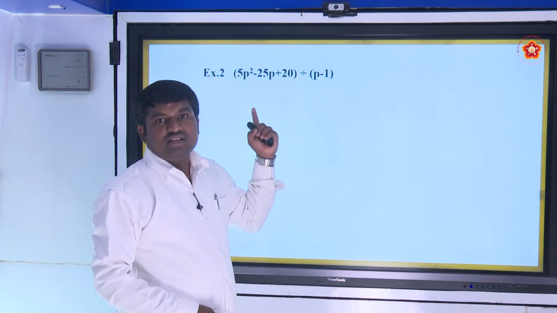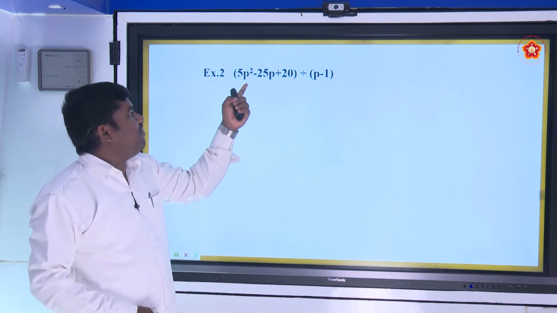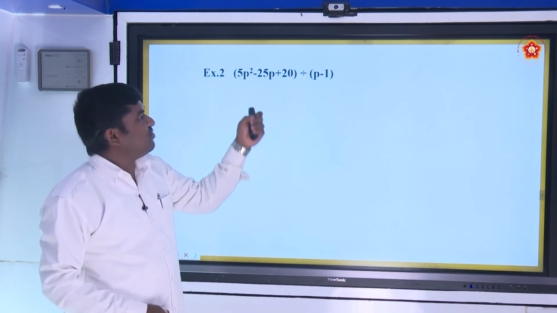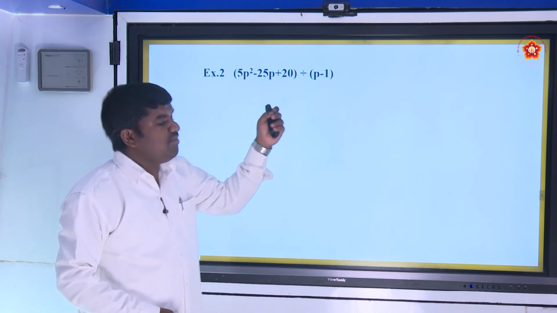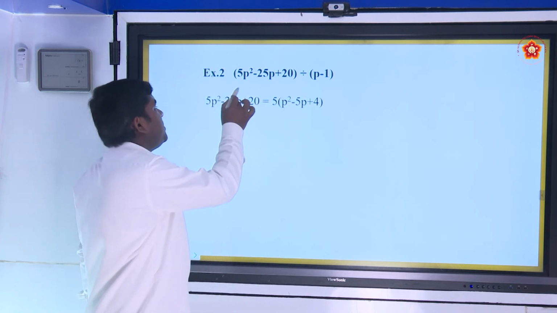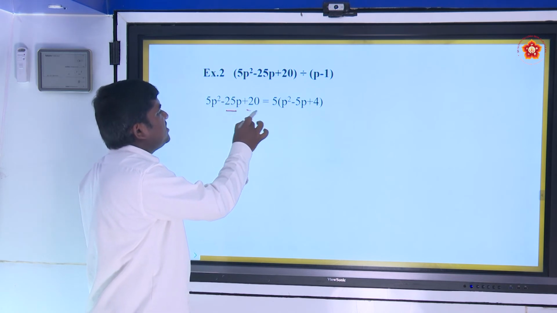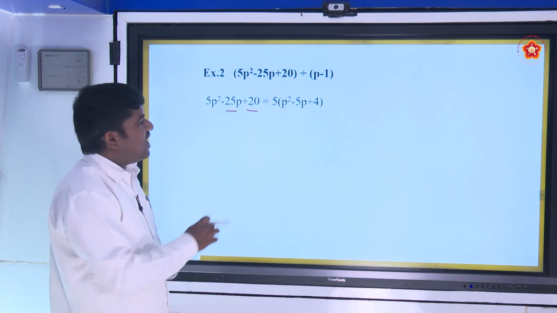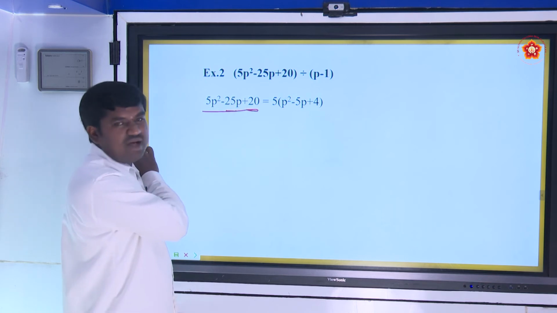Next, 5p square minus 25p plus 20 divided by p minus 1. 5p square minus 25p plus 20 is equal to, here all the terms have 5 common.